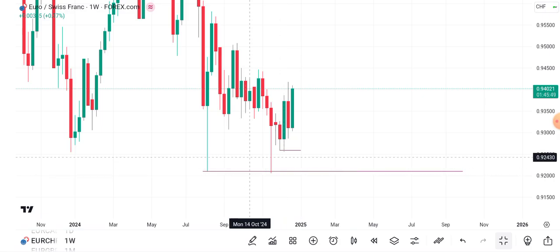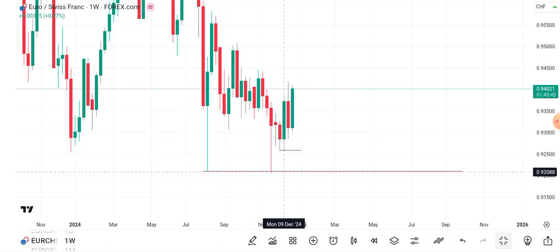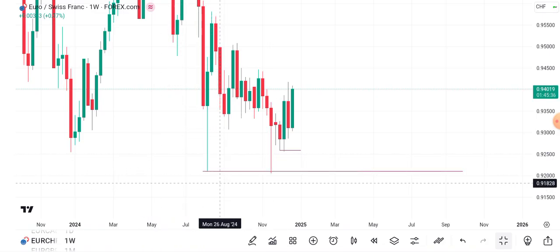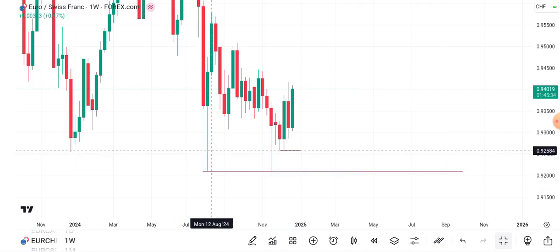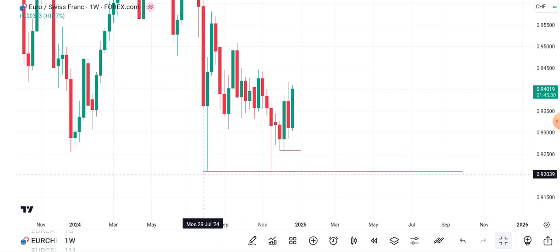So in this case, we saw the price has been going lower, but at this point, price hit an old low, a stop run on sell side liquidity.